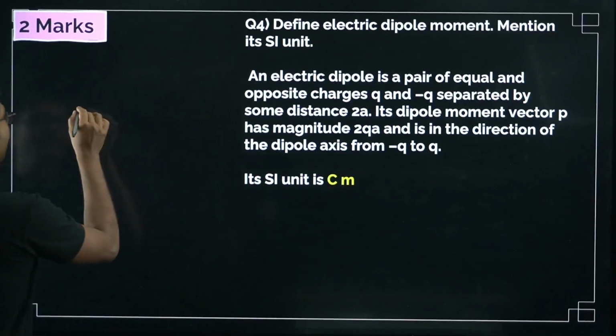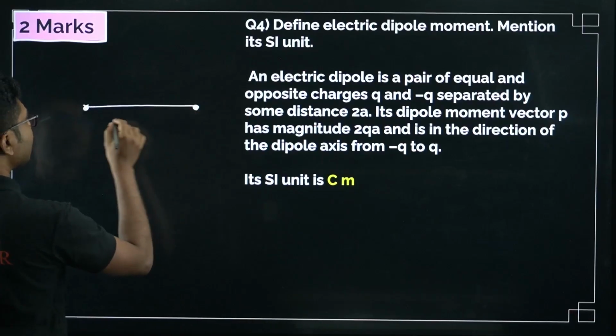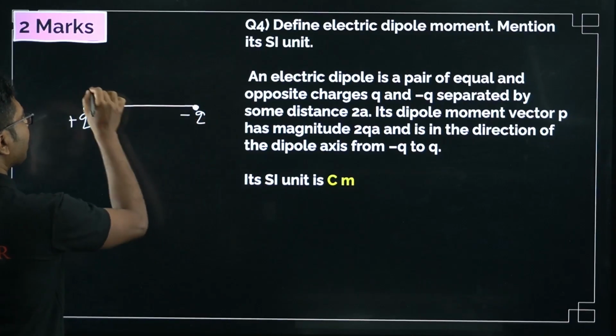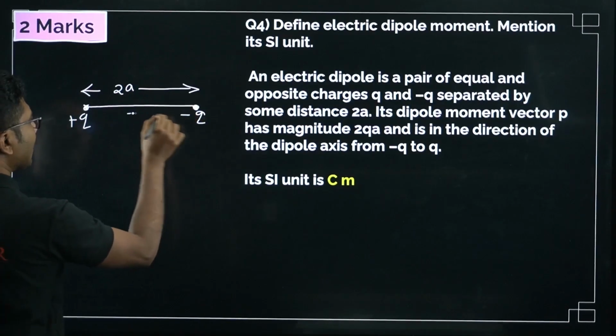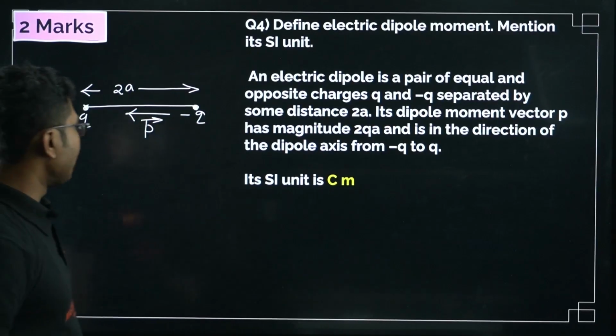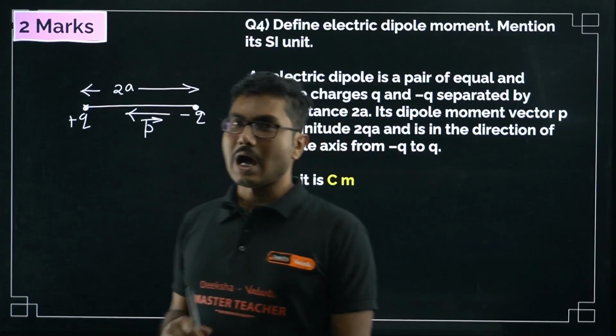You have to draw an accompanying diagram: two charges plus q and minus q separated by a distance 2a, and the dipole moment is from negative to positive. This diagram has to accompany the answer.